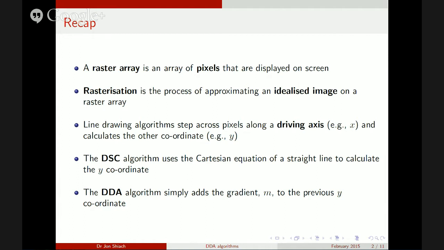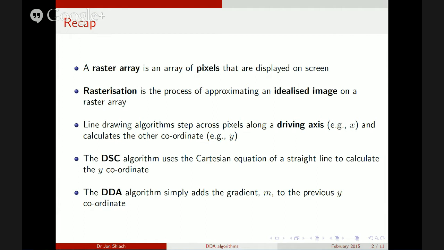If Y is your driving axis, start at the bottom and you go up. And you have to calculate the other coordinate. So if X is your driving axis, you know what your next X coordinate would be because you just add 1 to it. But your Y coordinate will depend upon the slope of your line.